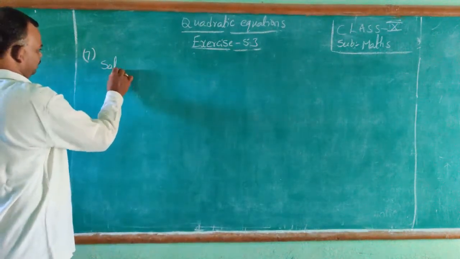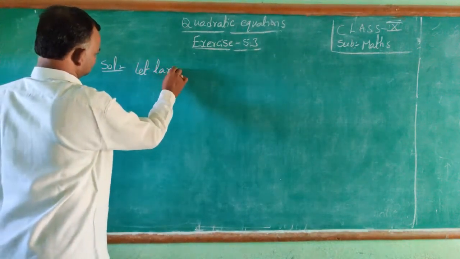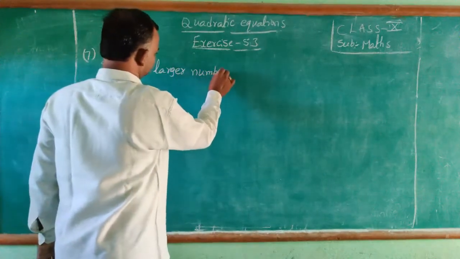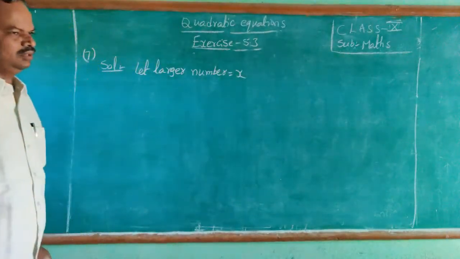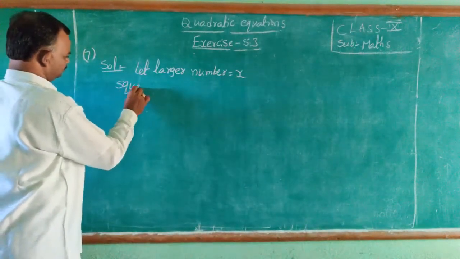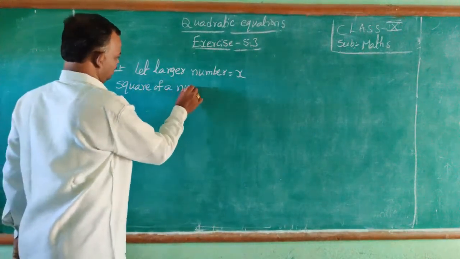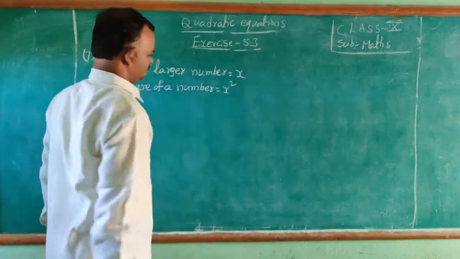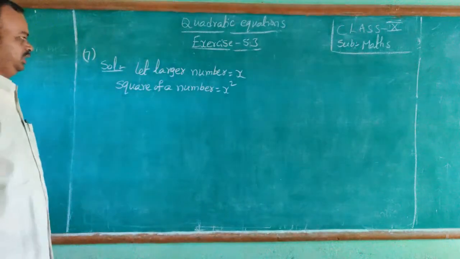So we are taking, let the larger number be x. Square of the number is x square.